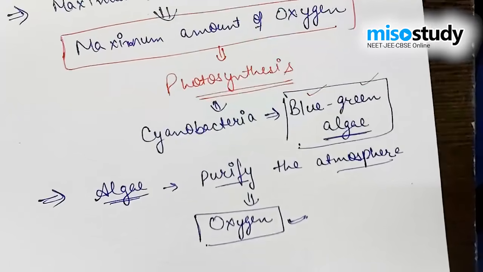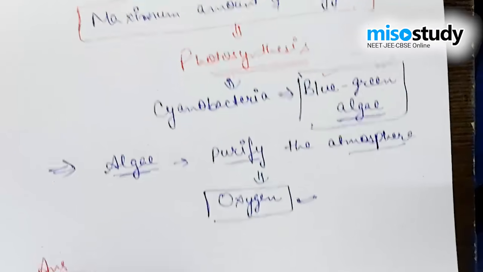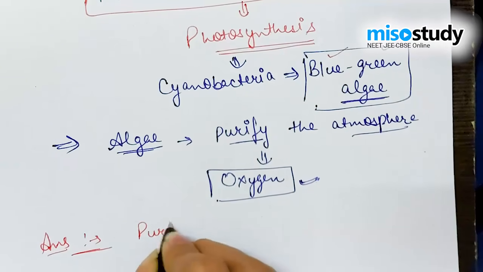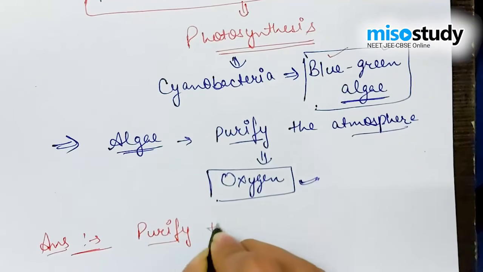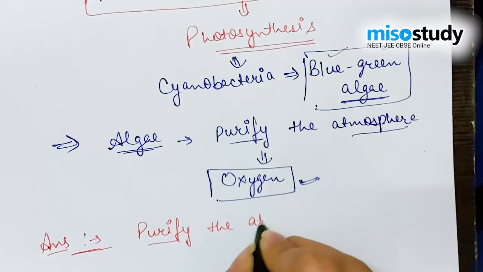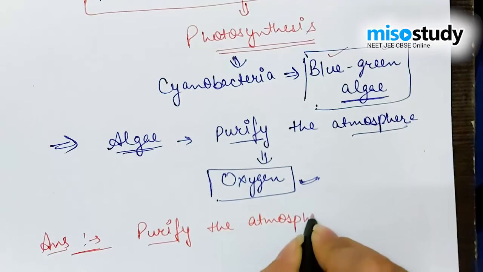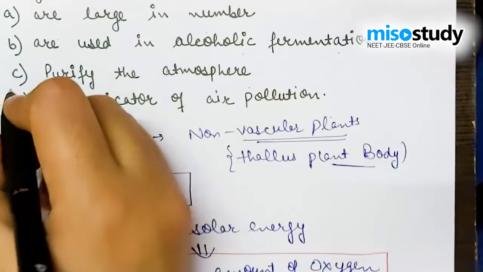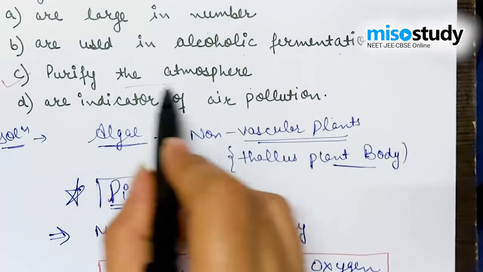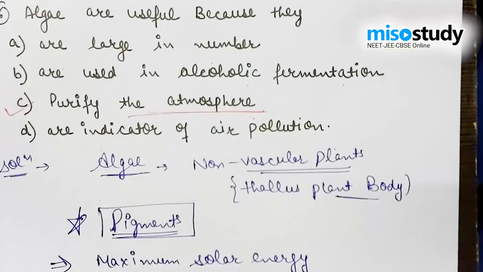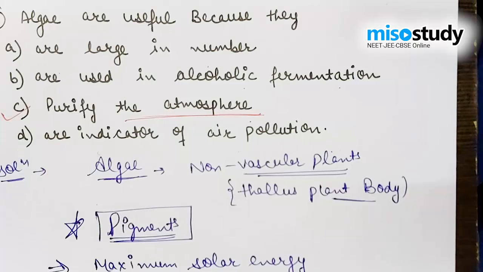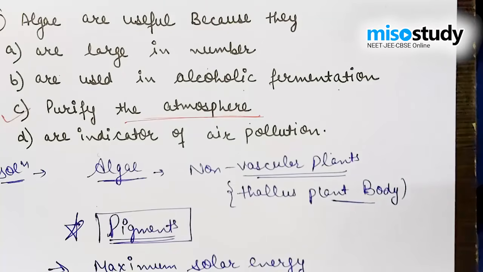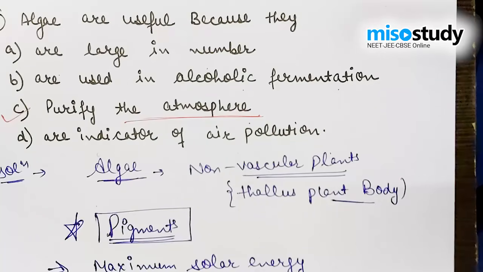So after discussing all this, the right answer for the question is option C, that is, help to purify the atmosphere. Who will help to purify the atmosphere? That is the algae.